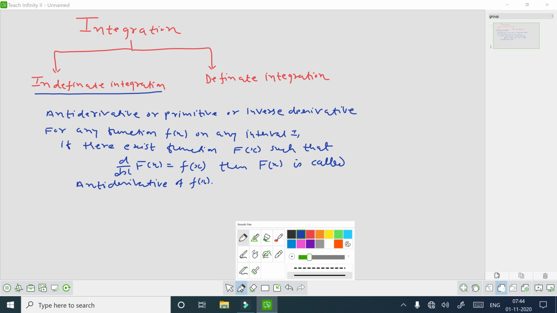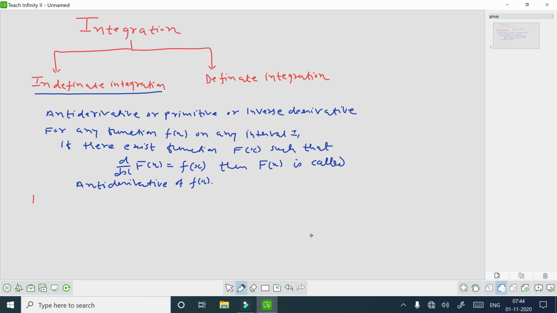Now one note: the antiderivative of a given function is not a single function, it is a family of functions. For example, let us consider y is equal to sin x plus 1 and y is equal to sin x plus c, where c is an arbitrary constant, or we can just say a constant.